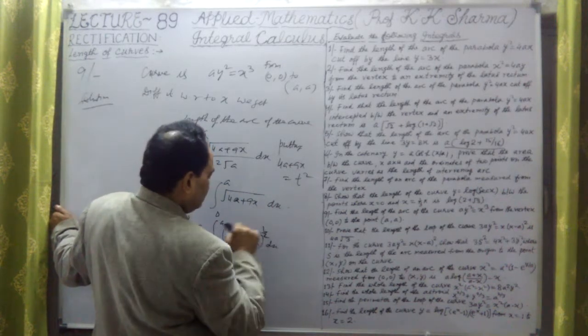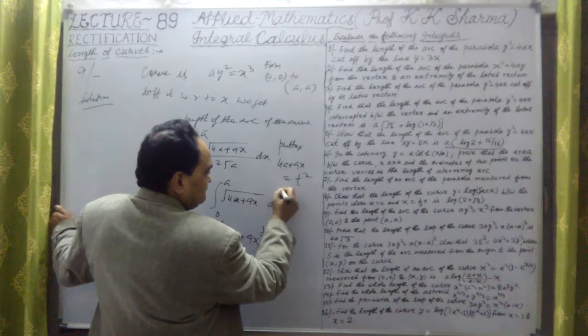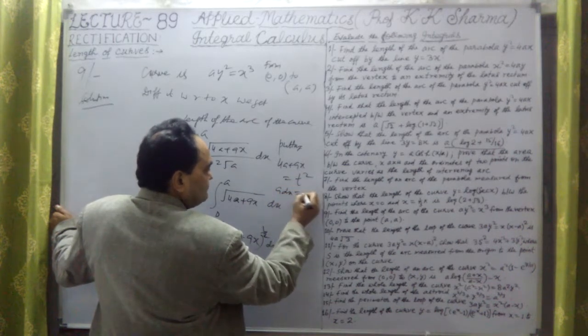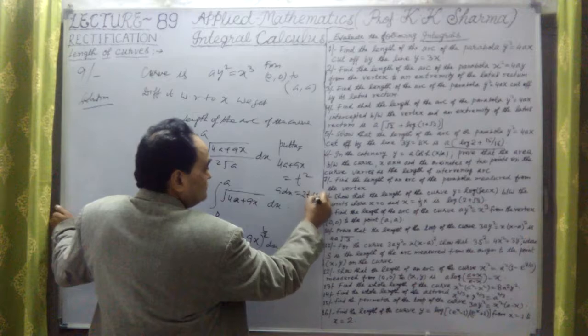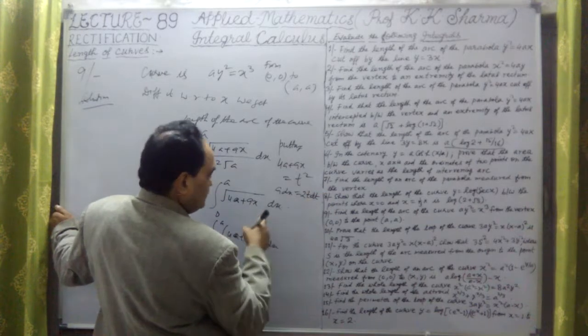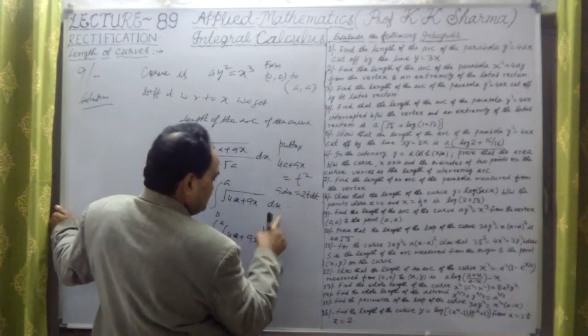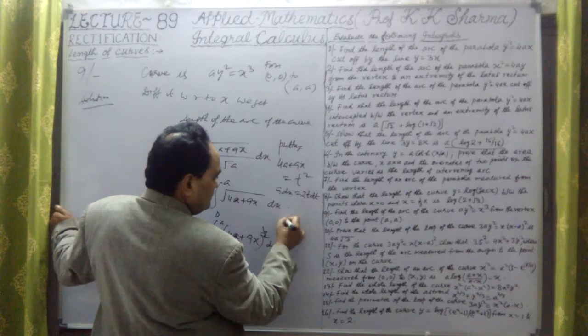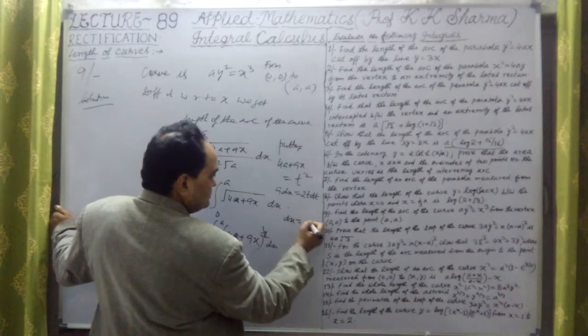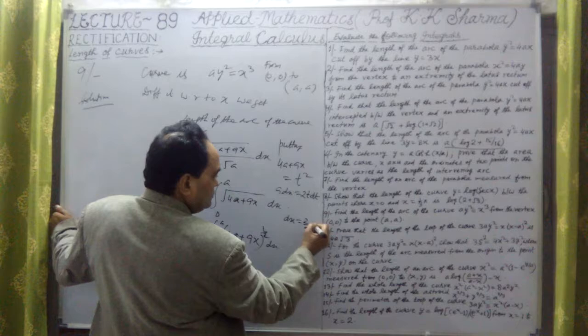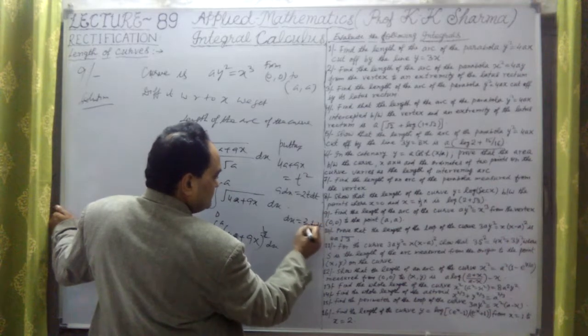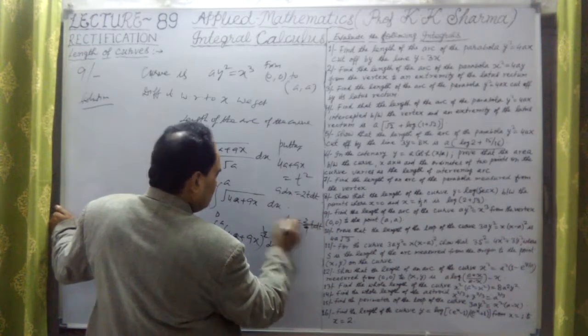So converting the limits and differentiating, it will be 9 dx equal to twice t into dt. This is the value of this. Therefore dx equals 2 upon 9 into t into dt. This is the value in terms of t here.